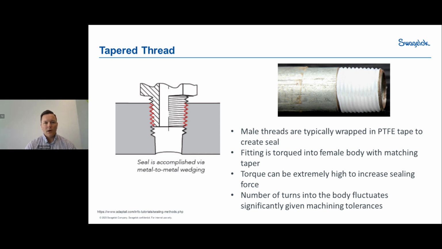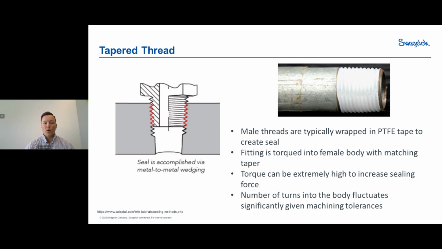These are used very widely across many different applications and industries, whether it be a fitting, a valve connection, regulators, you name it. There's probably some version that has a tapered thread, most common of which is the NPT thread.